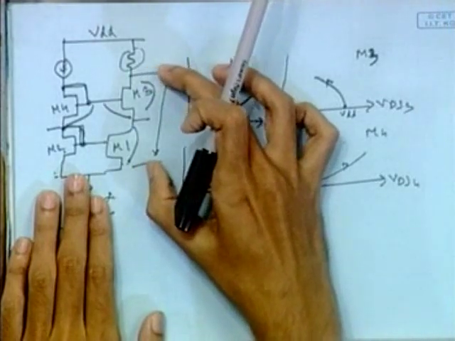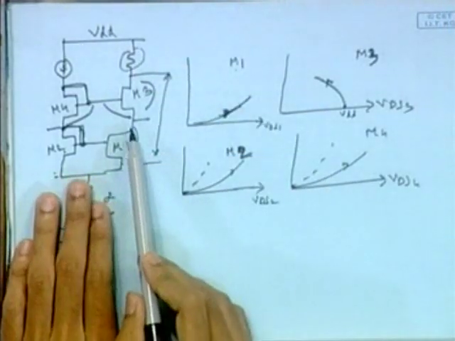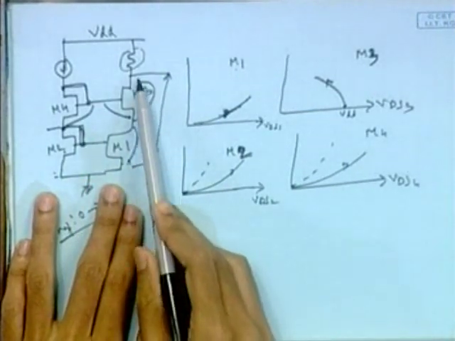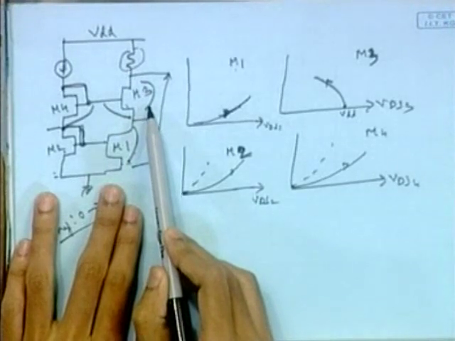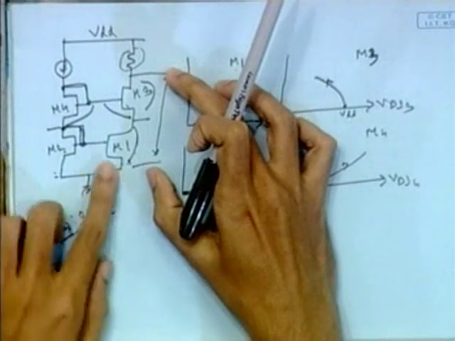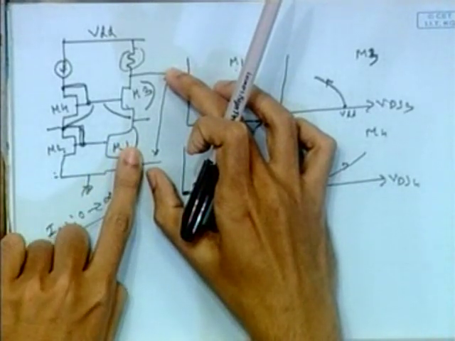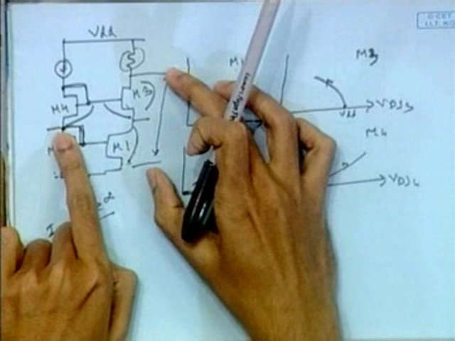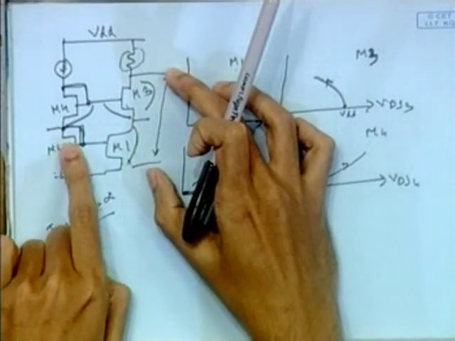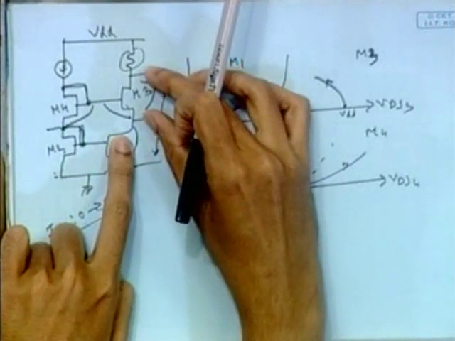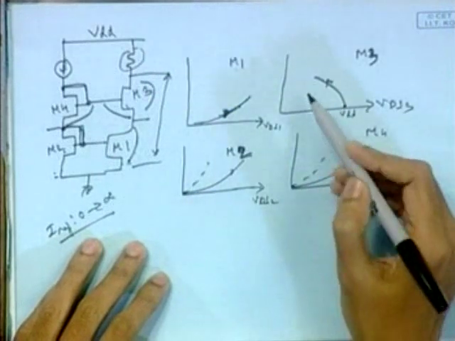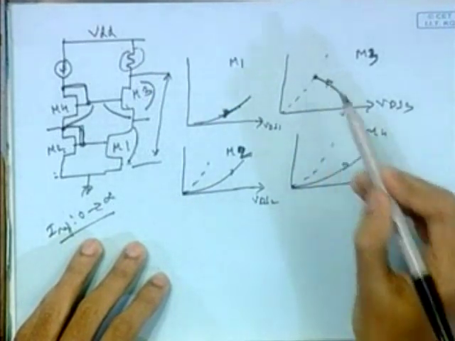So the total voltage has to decrease. It is clear, the logic is clear. Total voltage is decreasing, this voltage increases because we have tied this point to this, so this point has to increase along with this point. So the voltage across this, the VDS3, has to decrease. After some time, it will hit the triode zone.